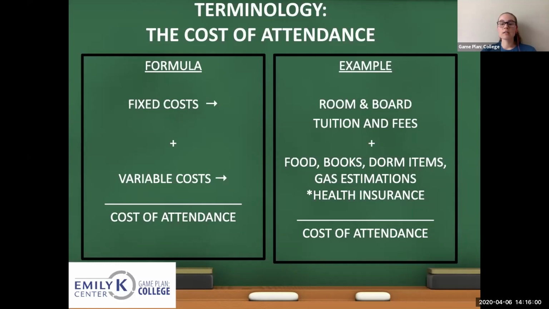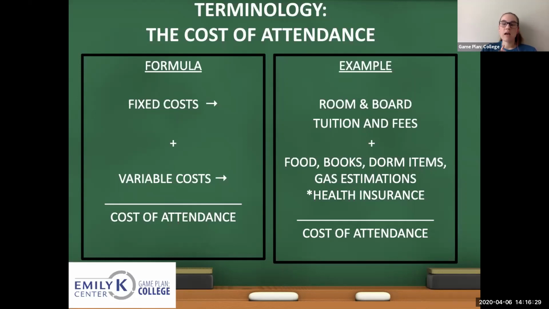When colleges are determining your cost of attendance, they tend to estimate on the higher side. So they tend to say, okay, let's say these students live on campus this year, they buy the most expensive books, they get the most substantial, most expensive meal plan. So because you can make decisions to reduce your variable costs, the cost of attendance on your award letter likely isn't what you will pay.